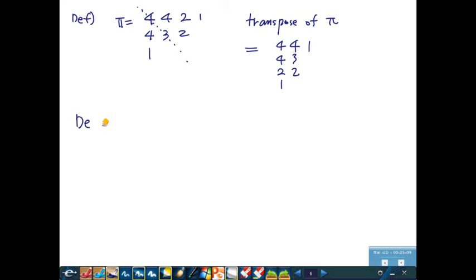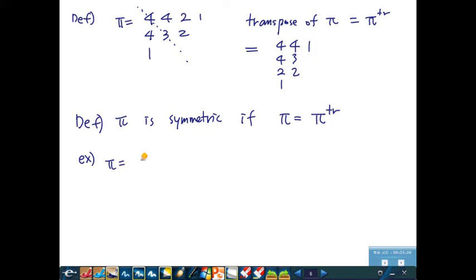Then you can define a symmetric plane partition. Pi is symmetric if pi is equal to pi transpose. For example, pi is 4, 3, 2, 4.